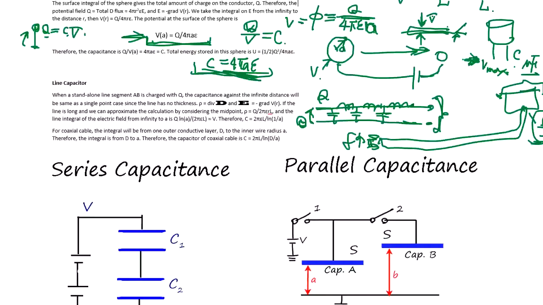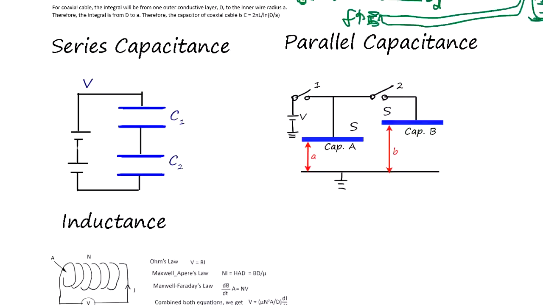Now, what happens when you cascade capacitors in series? You know the total capacitance: 1 over total capacitance is going to be 1 over C1 plus 1 over C2. The reason? C is Q over V, right?